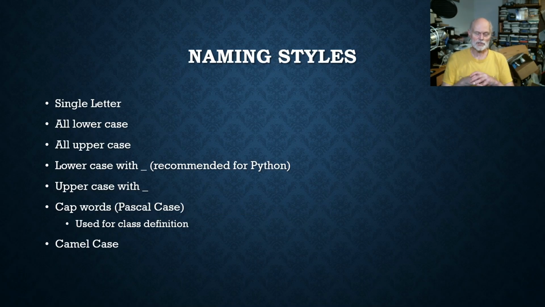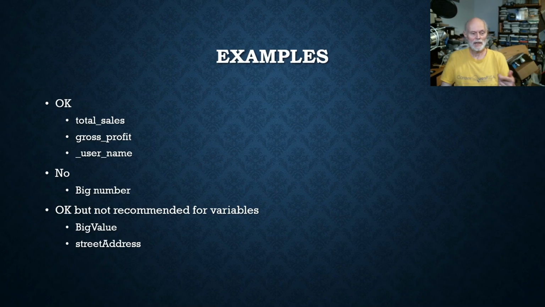Again, there are different styles: single letters, all lower, all uppercase. Lowercase with underscores between words is what Python recommends. Could be uppercase. Again, that's cap words or Pascal case or camel case. Camel case is similar to Pascal case, except that the first letter is not capitalized.